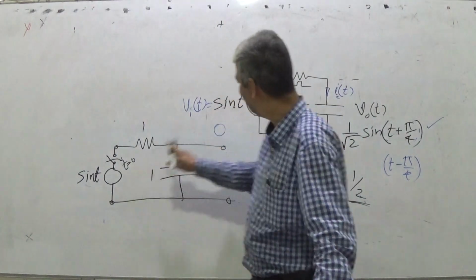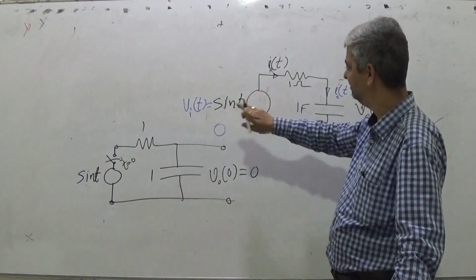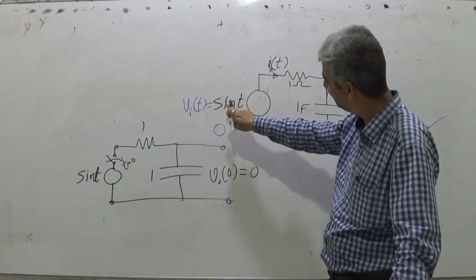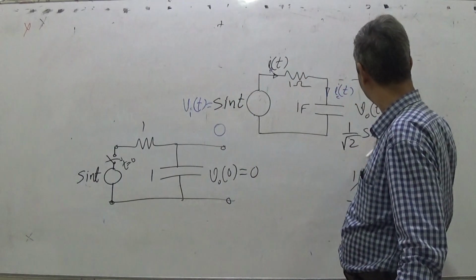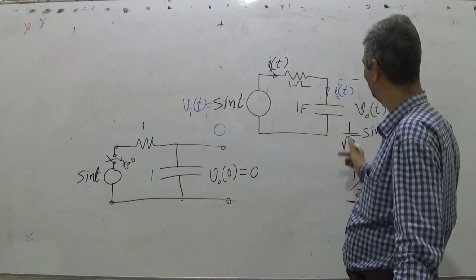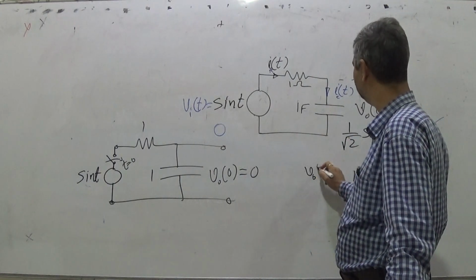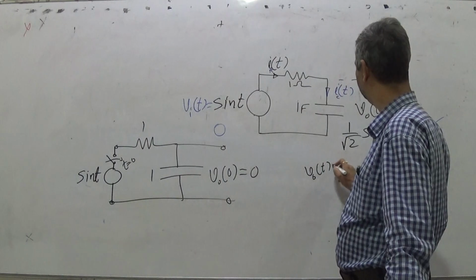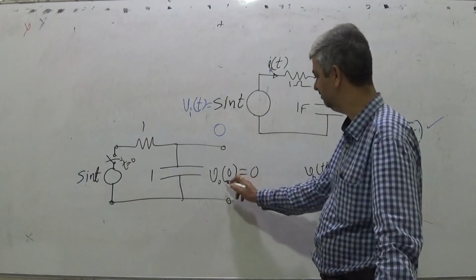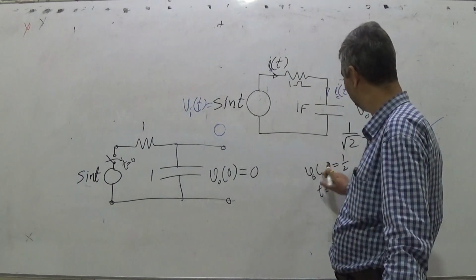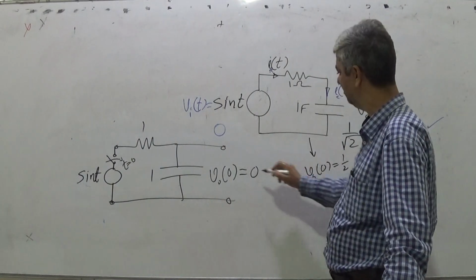And here, when I say that V in t is sin t, V out t is 1 upon root 2 sin t plus pi by 4. So at t equal to 0, V out here is half, and it has to be 0.